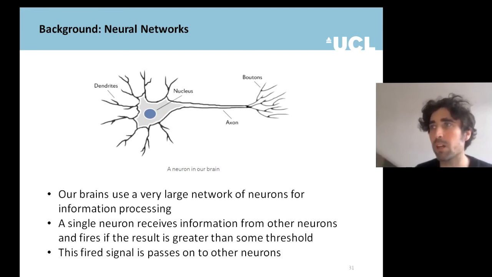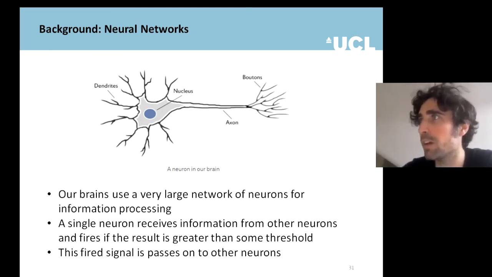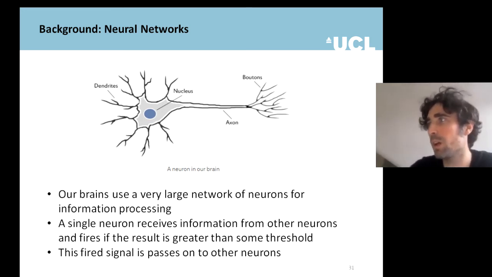So let's give some background on neural networks, because this is the type of machine learning algorithm that I'm applying to this problem. Our brains already use a very large network of neurons for processing information. A single neuron receives information via the dendrites from other neurons, and it transmits a signal only if the result of doing some kind of calculation in the middle is greater than some threshold.